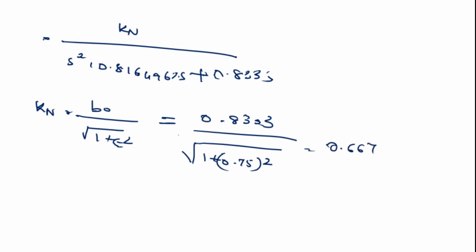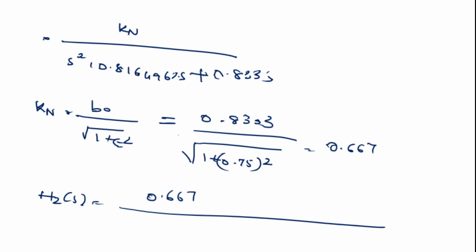Then H2 of s becomes 0.667 divided by s square plus 0.8164962 s plus 0.83333. Now the cutoff frequency Omega p should be equal to 0.25 radian per second.